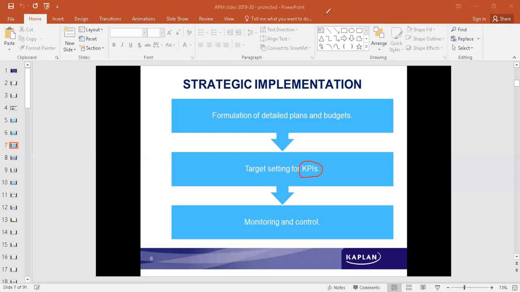So measure how they are implementing their plans with the help of KPIs. And if their performance is not up to the mark, they are not implementing things effectively, then take all control measures to control the deviation that exists between the actuals and the plans. So that's strategic implementation.